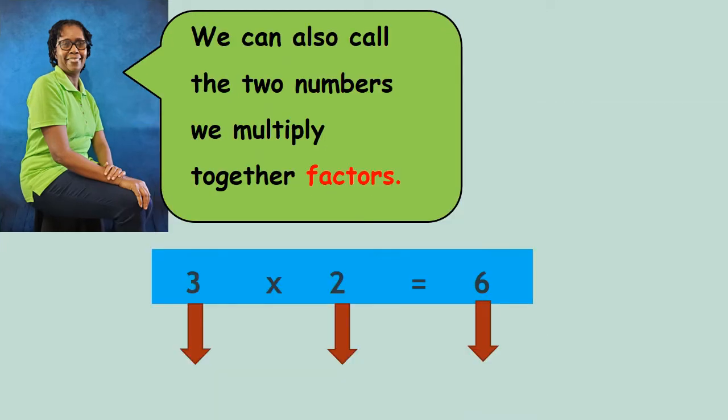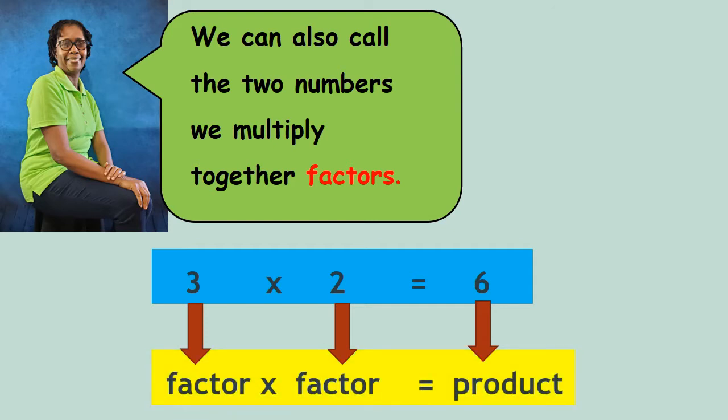Now, we can also call the two numbers we multiply together factors. Do you remember that in the song? Yes. The numbers we multiply together are also called factors. So factor times factor equal product. And you notice the name for the answer remains the same.